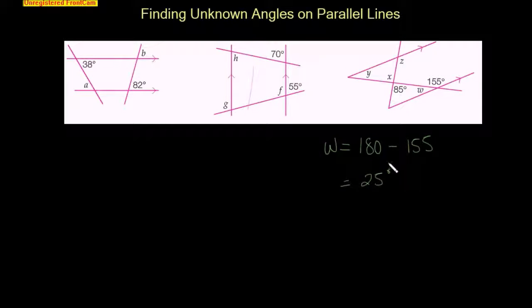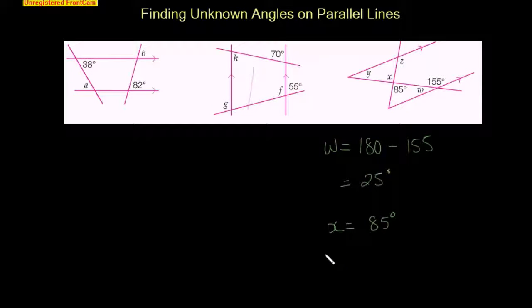Now the next thing we can look at is X. X and 85 are vertically opposite angles, so they're going to be equal. So X is 85 degrees. Now, when we look at Y, it's forming a co-interior relationship between the two parallel lines and this transversal line with the 155 degrees.